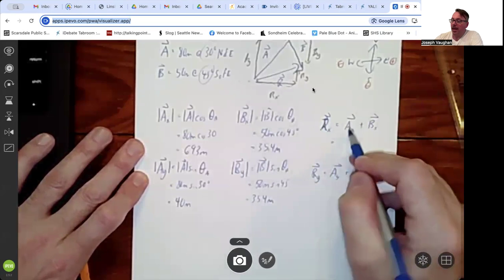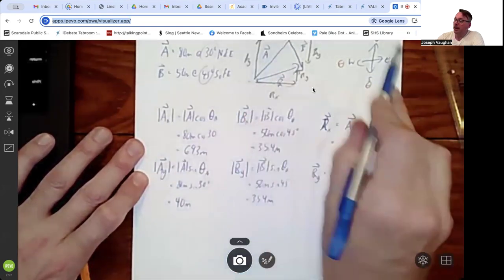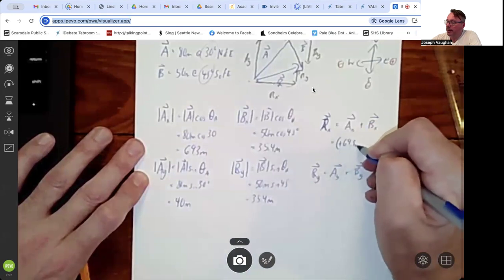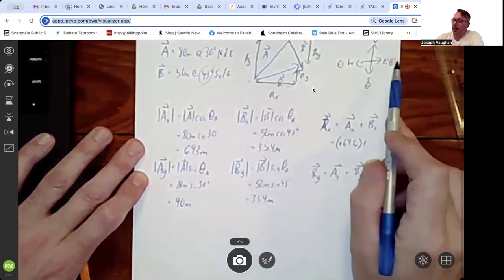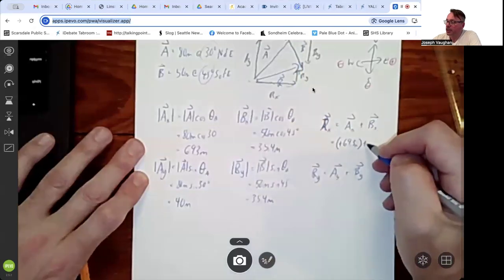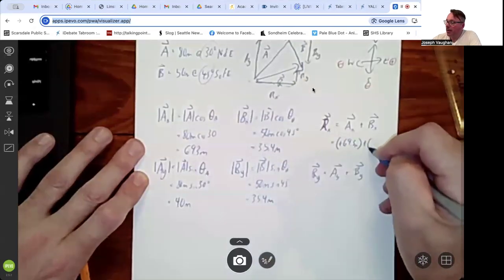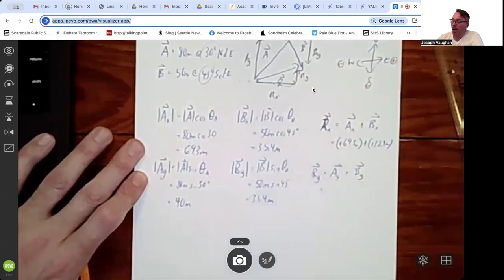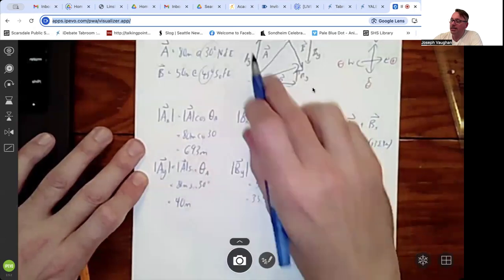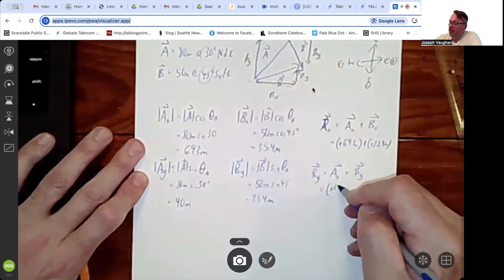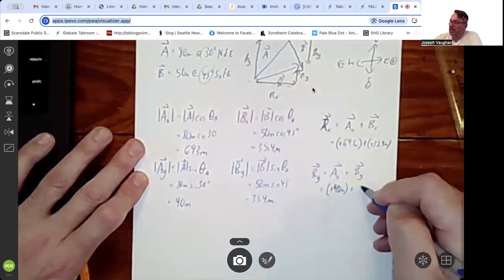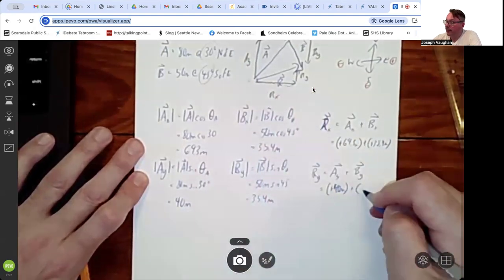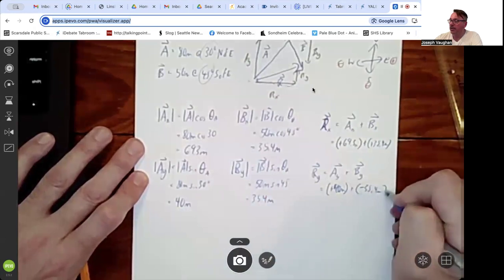Well, AX acts in the positive direction, so that's going to be a positive 69.3 meters. And BX acts, well, also in the positive direction, because that's east. So positive 35.4 meters. And down here, AY acts in the positive direction, positive 40 meters, plus then BY will act in the negative vertical direction there. So negative 35.4 meters, and there you go.